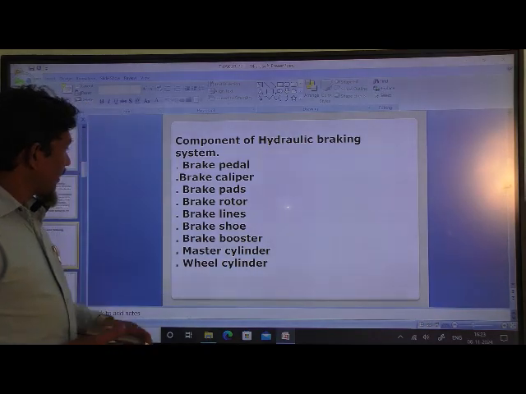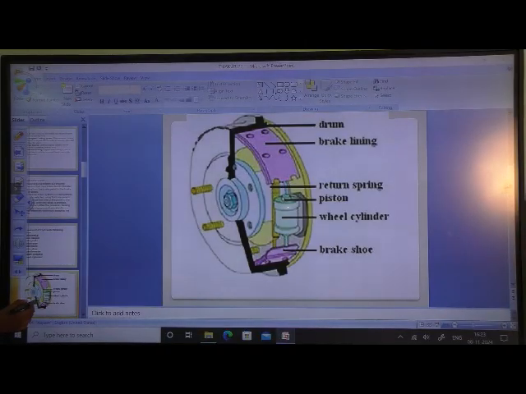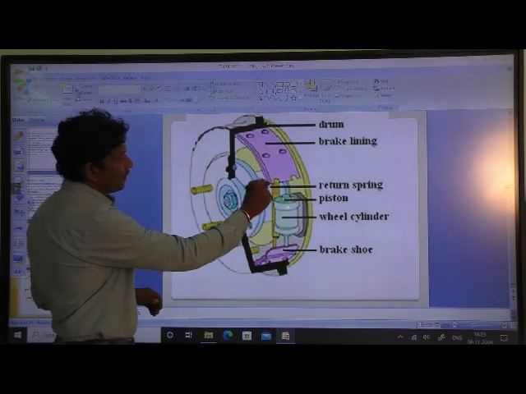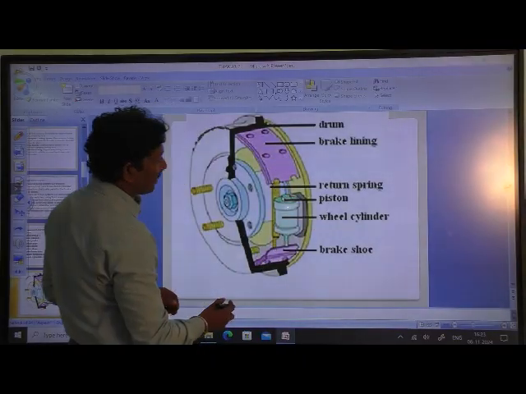And in the brake drum there is a brake shoe which is connected with the brake lining.